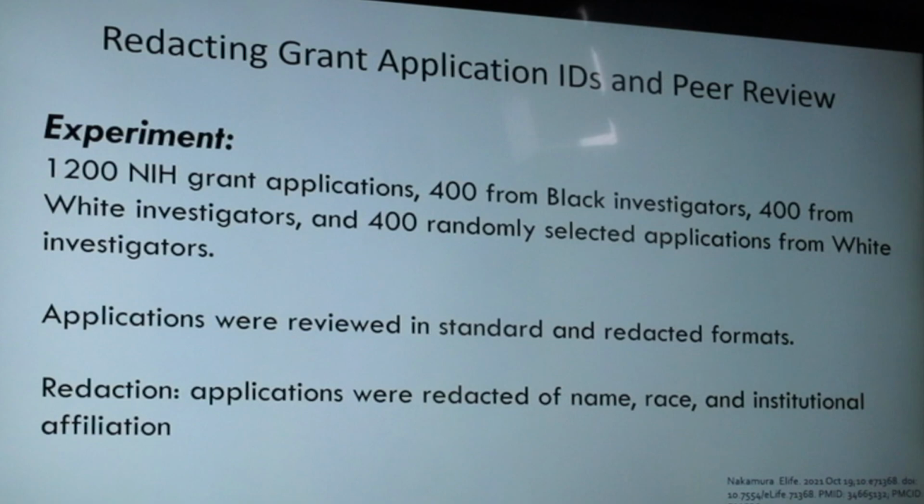But when they brought them back, again, they redacted the race of the applicant. They looked at 400 applications from black researchers, 400 from white researchers, and another 400 randomly selected from white researchers. Here's what they found. Remember, all 1,200 had been successfully awarded research grants.